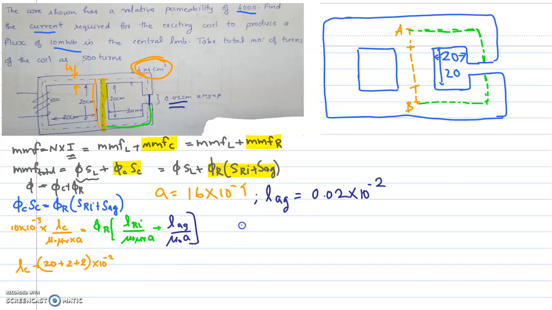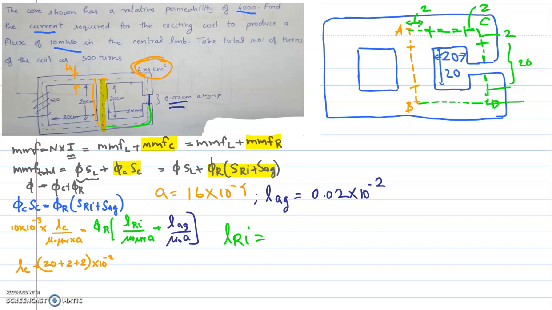Next we need to calculate LRI. So it will be the path ACDB. Now this length is 20. So this will be 2, this will again be 2, this will also be 2, this will be 20.